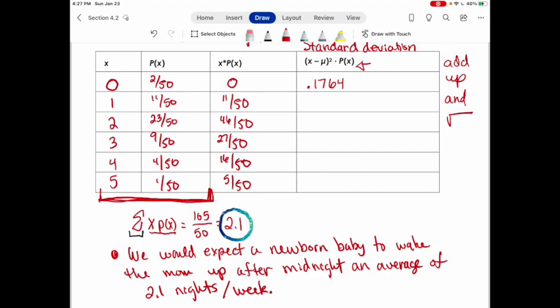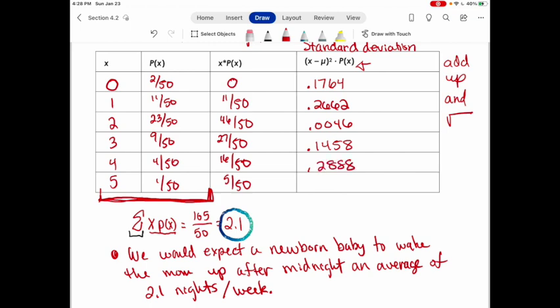For the second row, I would take the value of x, which is 1, subtract my mean, which is 2.1, find that difference and square it, and then multiply it by 11 over 50. When you do that, you should get 0.2662. Okay, since you've seen how to do the first couple, I'm going to go through and write the answers for the next few.